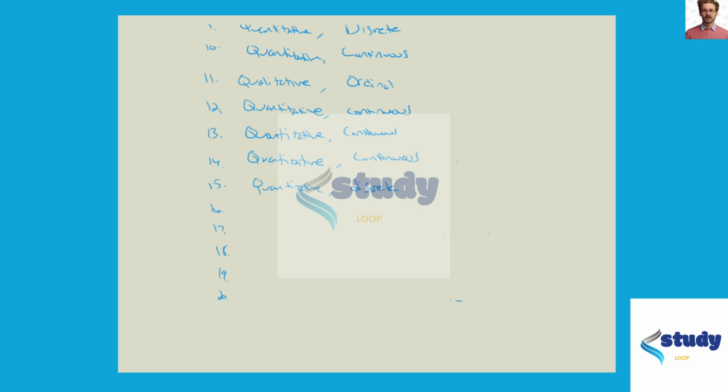Number 16, Facebook friends would be quantitative, discrete. Can't have partial friends. Social media checks, quantitative and discrete. It's a number. It's going to be an integer. Number of tattoos would also be quantitative and discrete.